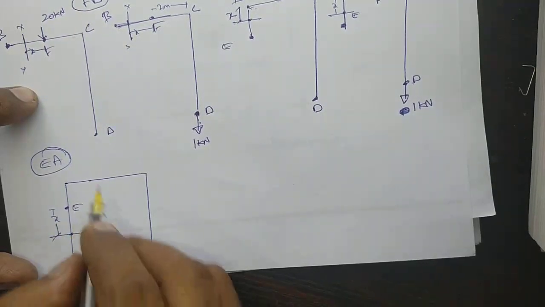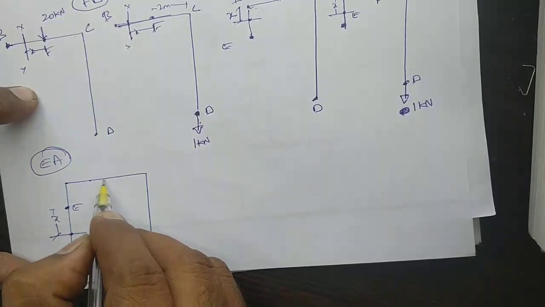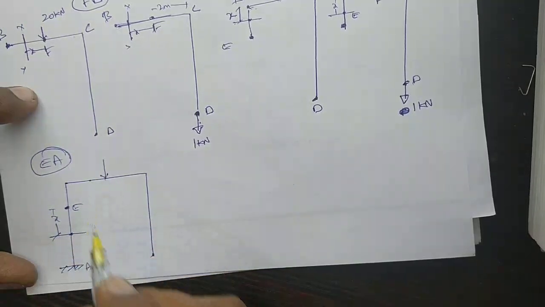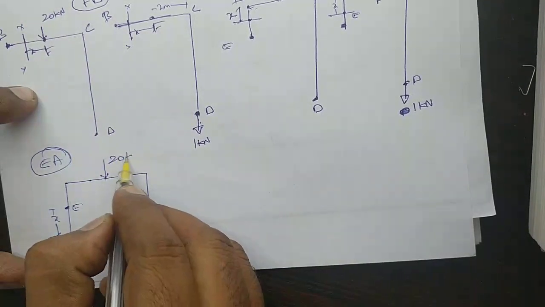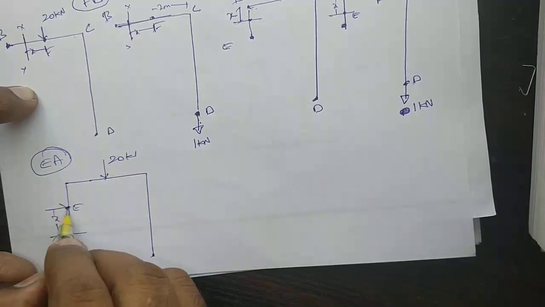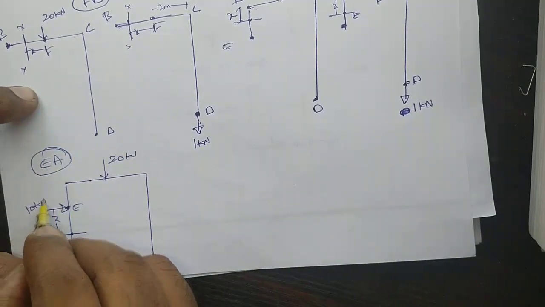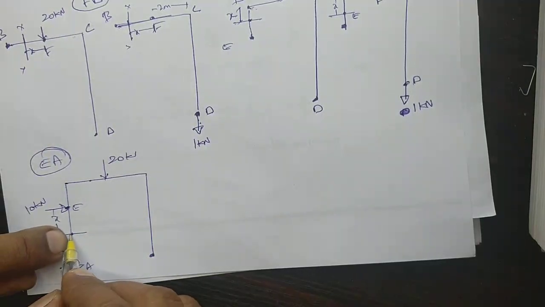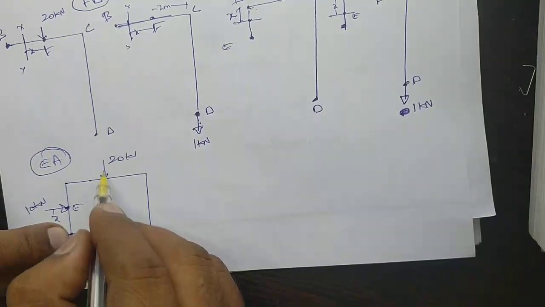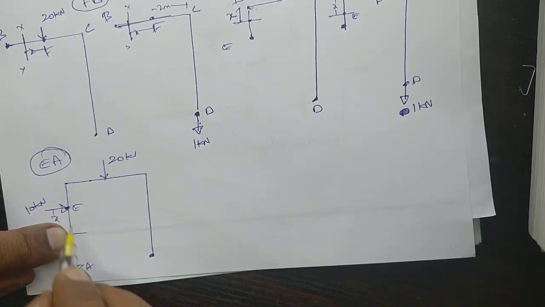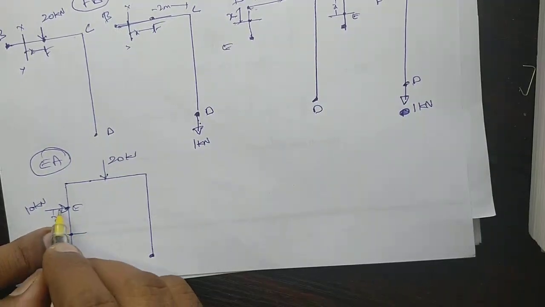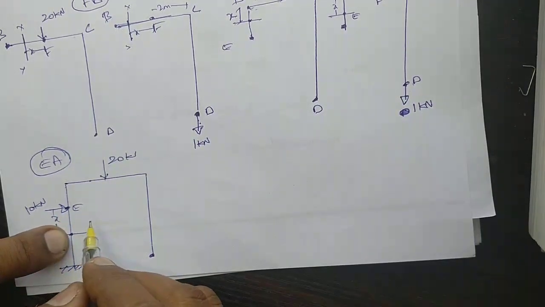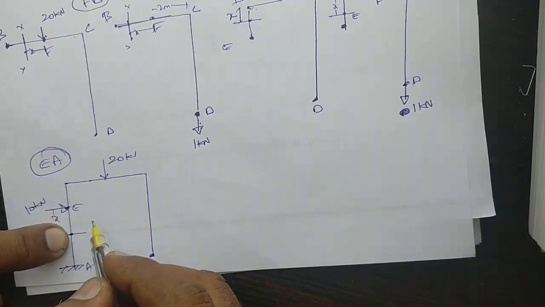From this point you want to know what is the moment. This is 20 kilonewton, this is 10 kilonewton. So what is the moment here? So this is 20 into 2 plus 10 into x.